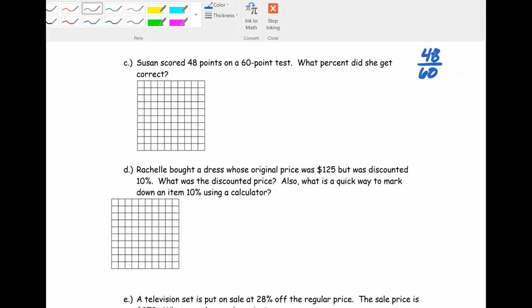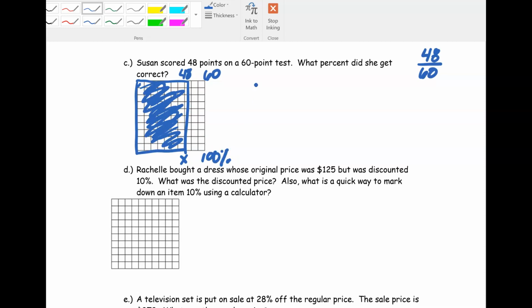The other thing that you could do is you could draw a picture. You could say 48 and 60. We don't know what percentage, we're guessing. So I don't really know exactly how far to draw that fuel gauge, but I could just, for the picture's sake, estimate.